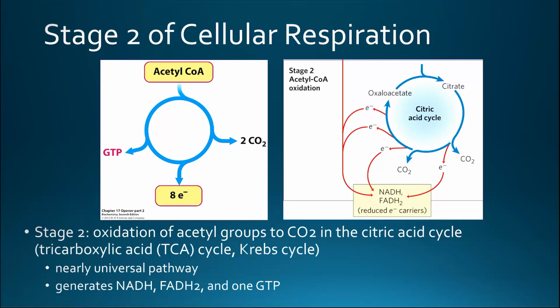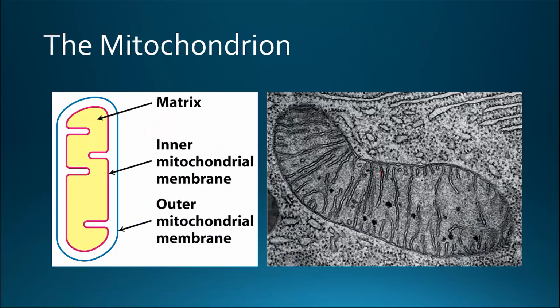Here's an electron micrograph of a mitochondrion showing the folds of the inner membrane called cristae. A single one is singular, that would be crista, C-R-I-S-T-A, and cristae for plural. The reason that you have all of these folded membranes is to produce more surface area for the proteins that are involved in the electron transport pathway.